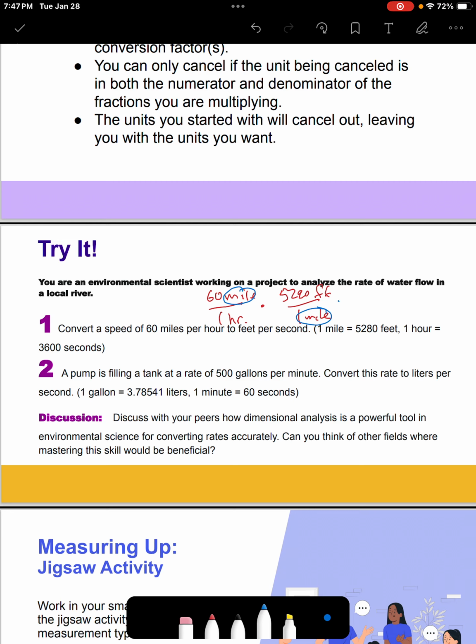Then we want to go to seconds, so we take hours and put those on top, so we have hours over seconds, and we know that in 1 hour there are 3,600 seconds. It's important that the hours are on top, so they cancel the hours here. So these all cancel. I got 60 times 5,280 divided by 3,600. So I get 88 feet per second.